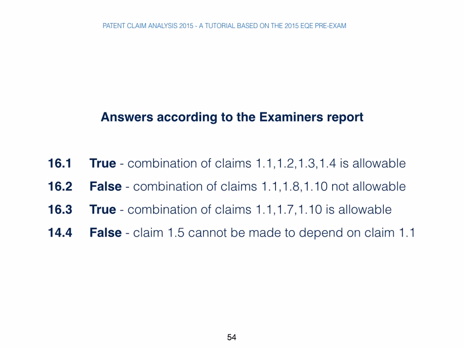The combination of claims 1.1, 1.7 and 1.10 is allowable. And 16.4 is false. Claim 1.5 cannot be made to depend upon claim 1.1. So how did you do? We'll start checking with the examiner's report on question 16.1.